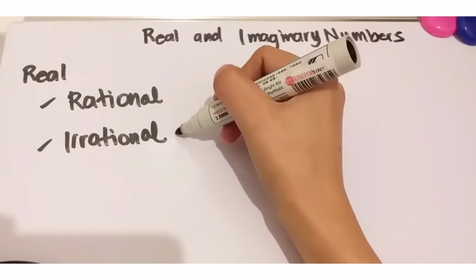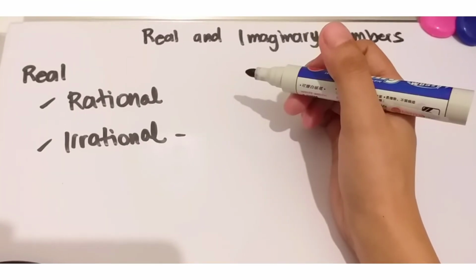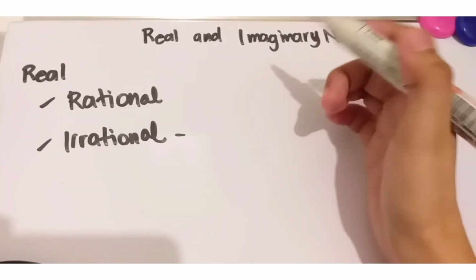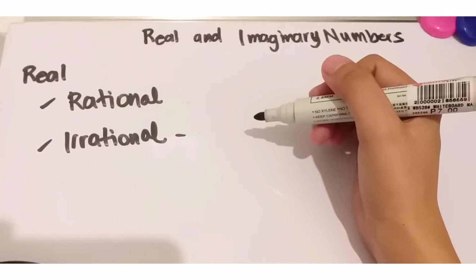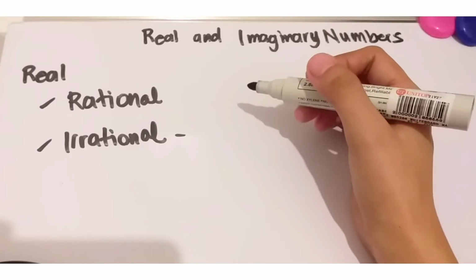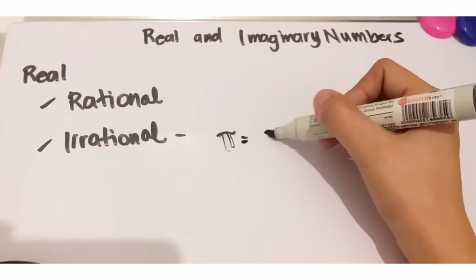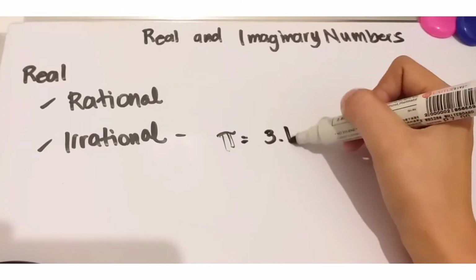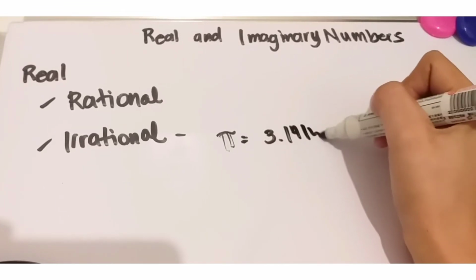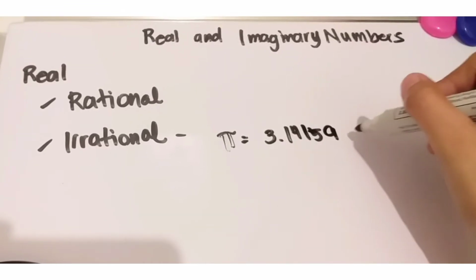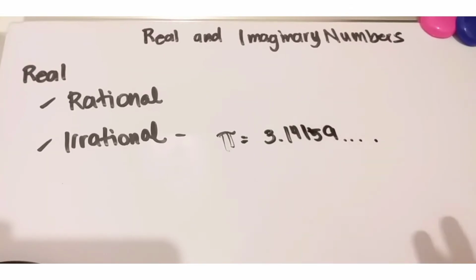For irrational numbers, these are the numbers that cannot be expressed as a ratio. So the most popular irrational number is pi, which is equivalent to 3.14159, and the number goes on without any pattern.